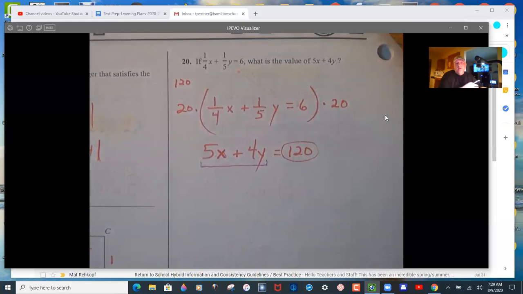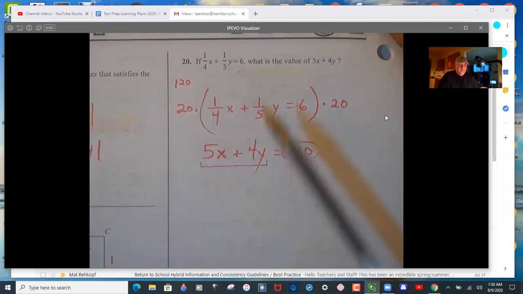In how I teach mathematics, when I am dealing with equations, I want to try through multiplication to eliminate a denominator. So right away, I see the 4 and the 5. I know I can multiply left to right by 20. So 20 is a number that both 4 and 5 go into. You could multiply by 40 if you wanted to, or 60, whatever 4 and 5 go into.